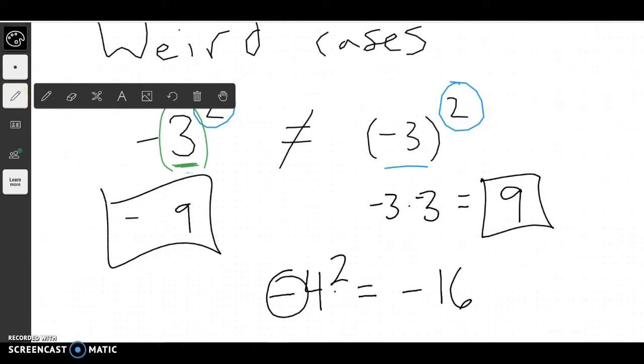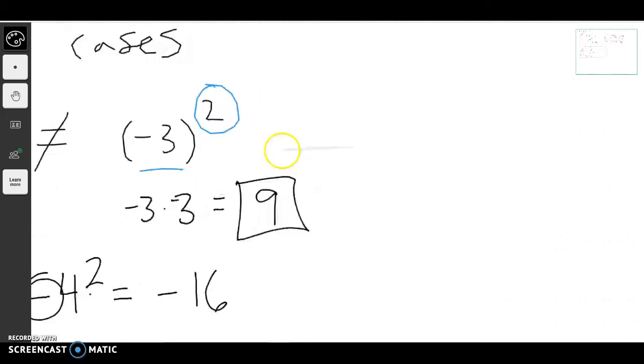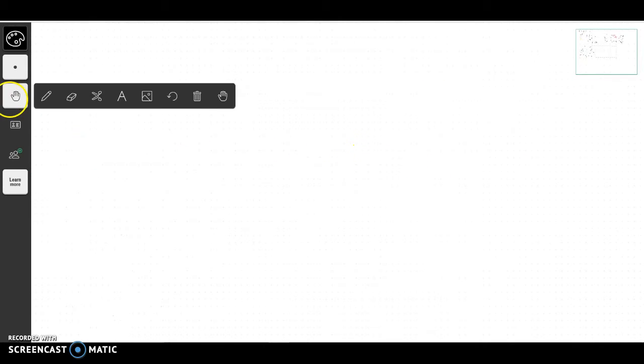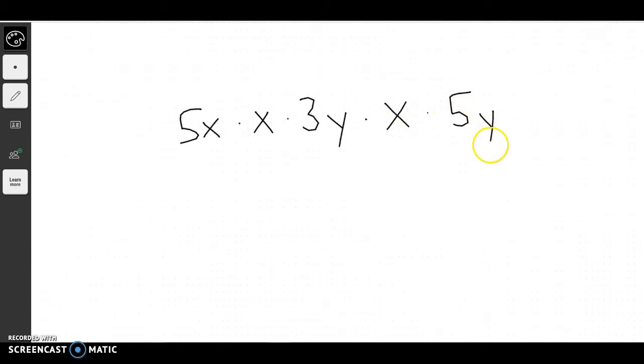There's one last thing that we need to do, and that's if we have to work with multiple examples. So let's say I've been given 5x times x times 3y times x times 5y. We have to multiply all these things together.